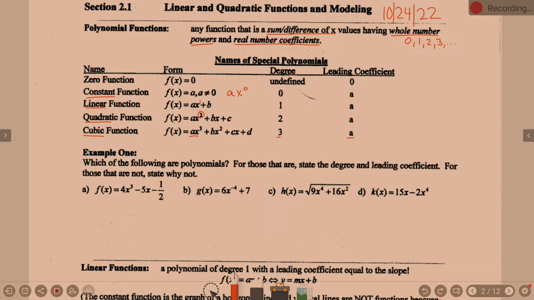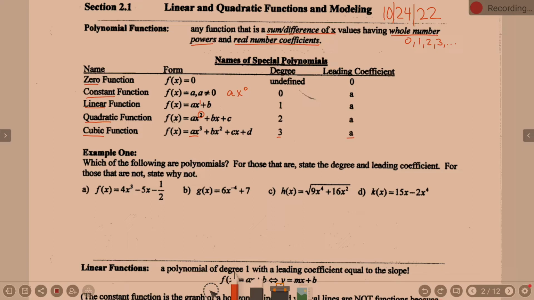Degree 0, leading coefficient is still a. We don't talk very much about something called the zero function. Zero function specifically, instead of equaling some number, just equals 0. Officially, it's undefined with your degree. Leading coefficient is 0 because that's the only number there. Okay, so a little bit of vocabulary, whatnot there.